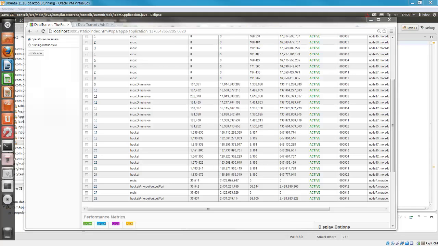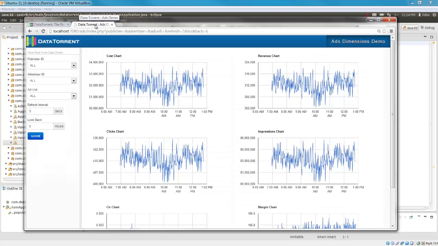Let us go to the dashboard to see real-time charting of these metrics, refreshing every 5 seconds. You see here live charts for cost, revenue, clicks, impressions, click-through rate, and margin across all publishers, advertisers, and ad sizes. We can also query for a specific advertiser-publisher-ad size combination and see the live charts.